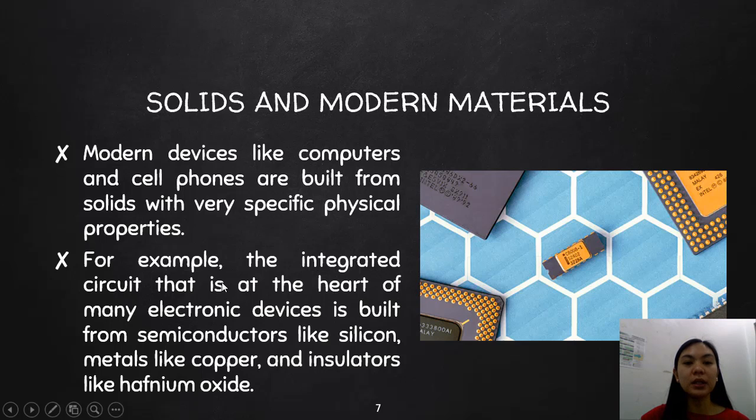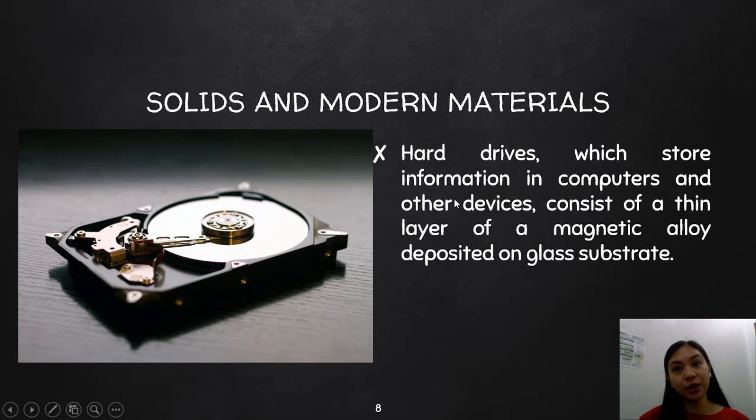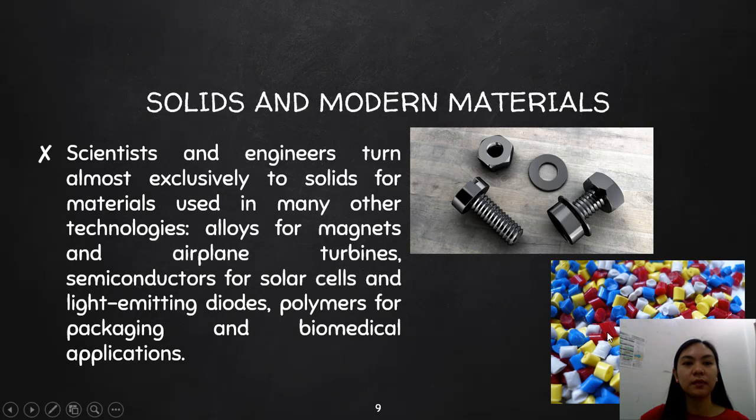As an example, the integrated circuit that is at the heart of many electronic devices is built from semiconductors like your silicon, metals like copper, and insulators like hafnium oxides. Your hard drives, which store information from your computer and other devices, actually consist of a very thin layer of magnetic alloys deposited on your glass substrates.